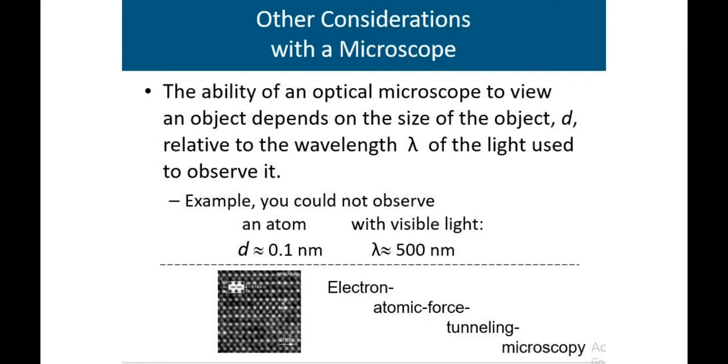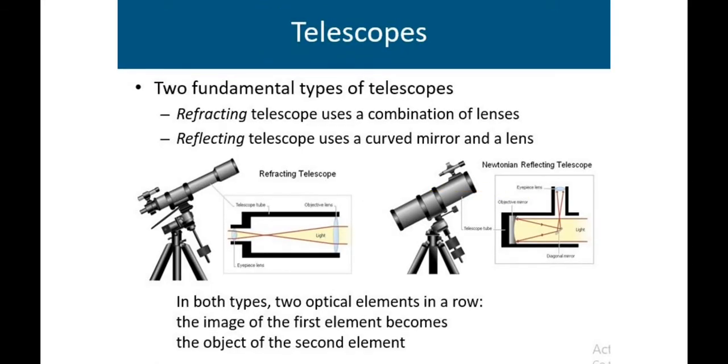With an electron microscope, especially scanning or transmission electron microscope, you can see even atoms, even sizes of about 1/10 of a nanometer, 1 angstrom. For visible light, for a light microscope, the resolution is 5,000 times lower.